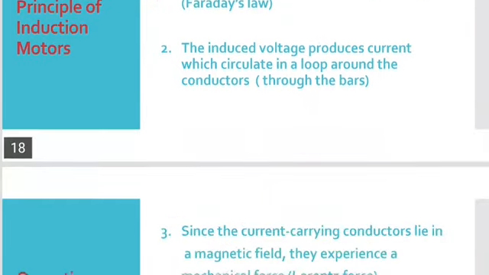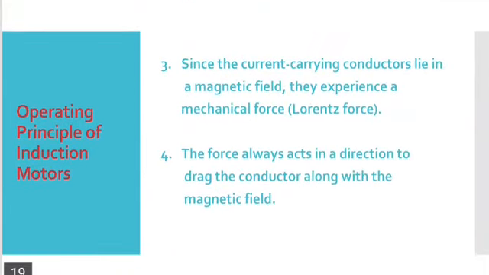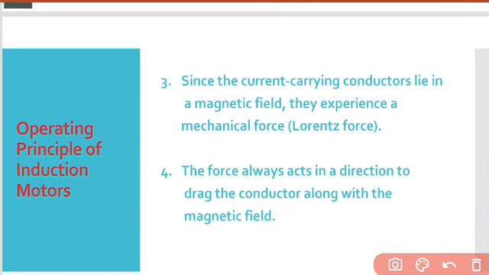The third step says that since the current-carrying conductors lie in a magnetic field, they experience a mechanical force, also known as the Lorentz force. The fourth one is that the force always acts in a direction to drag the conductor along with the magnetic field.